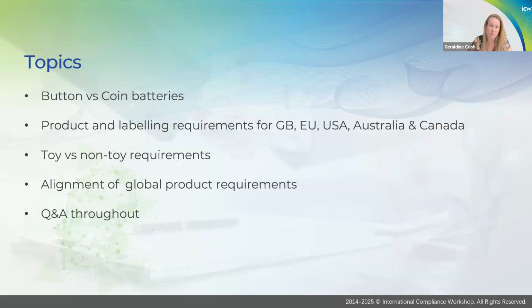If you're selling to all of these markets, these requirements are complex, but rightly so. We will explain why it is so important to get these right, because we are protecting consumers. If that's at the heart of everything you do, I think you're winning.